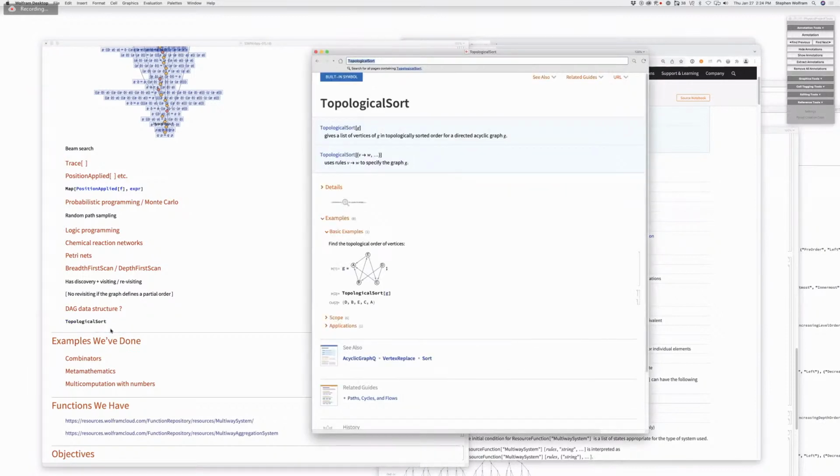You mean of the actual data structures, or do you mean just anywhere? I mean, we have graphs. I mean, their functions like topological sort basically takes a DAG, right, and it just takes it as a graph. Yes, I don't even know what topological sort does. It's a linear order compatible with a partial order.